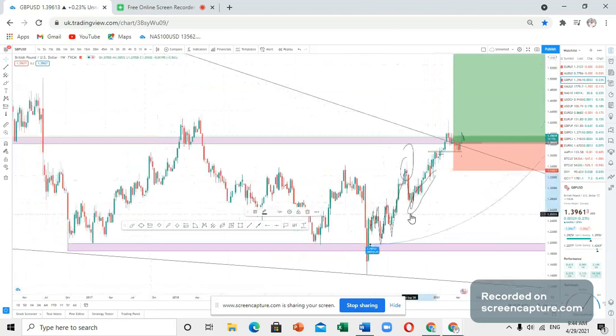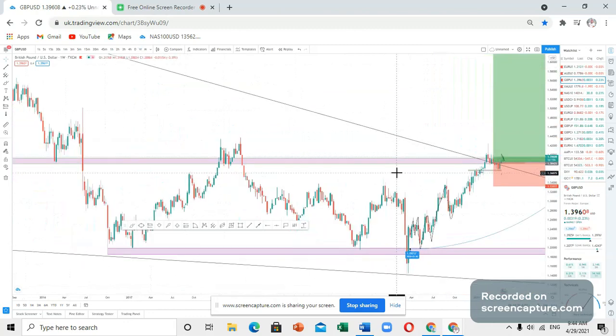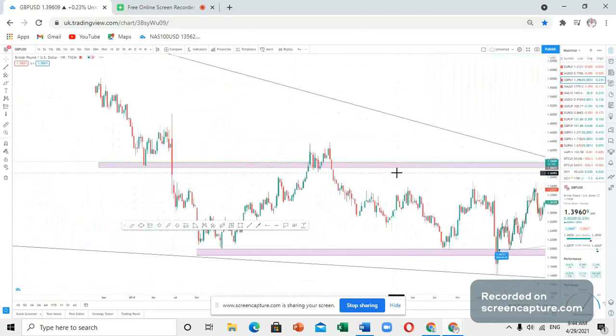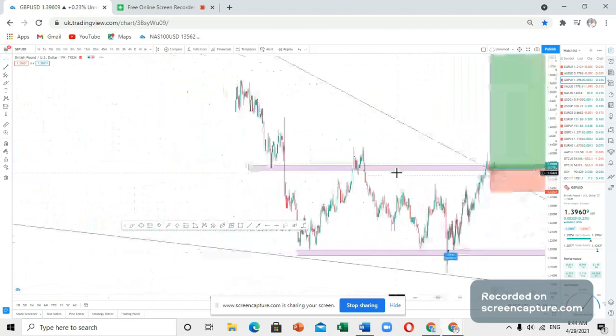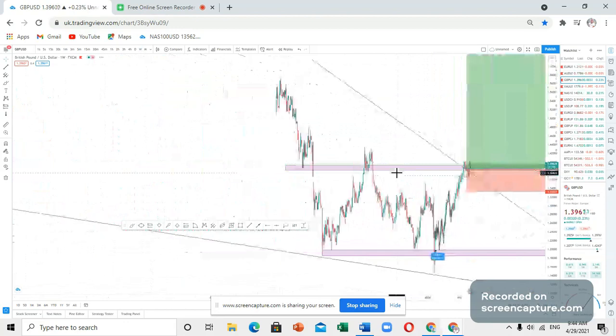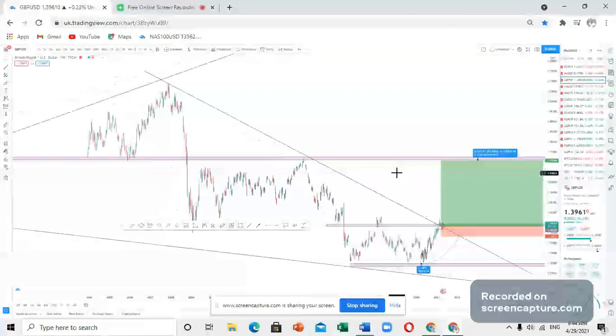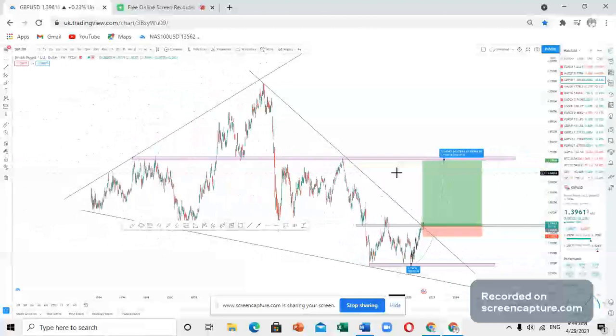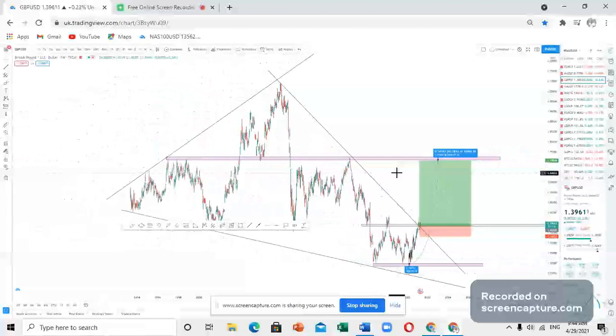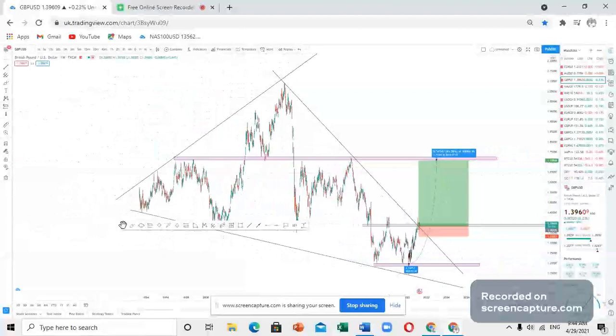If it is your first time, I like starting my analysis from a higher time frame, moving into a lower time frame, so that at least we will have a general understanding of what is happening. Okay, so that is what we are having.